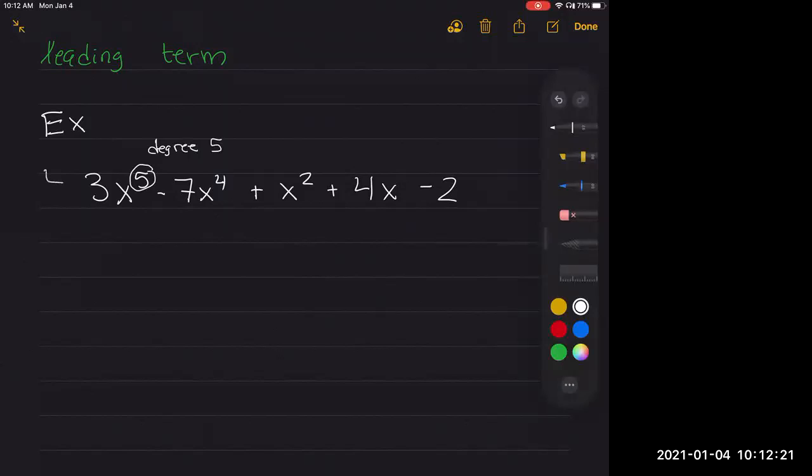Our leading coefficient is 3, where our leading term is 3x to the 5th. Our constant term is negative 2.